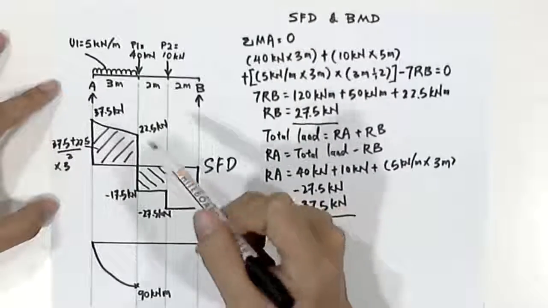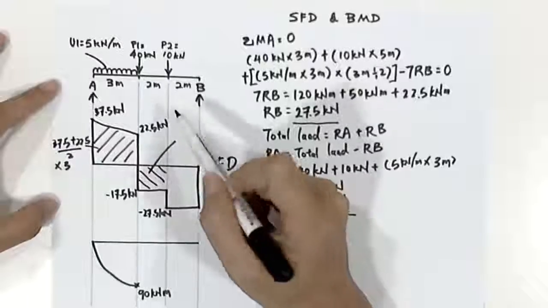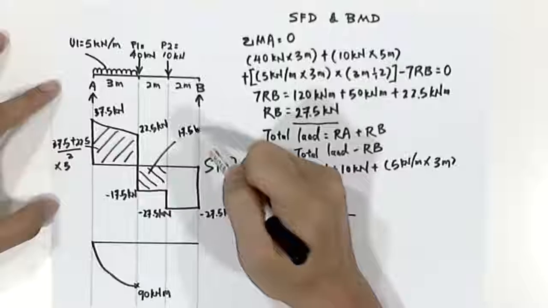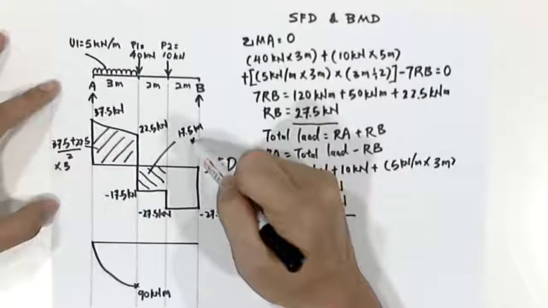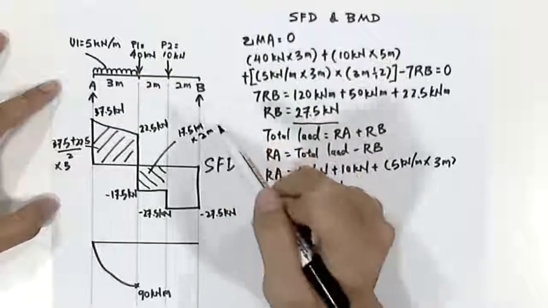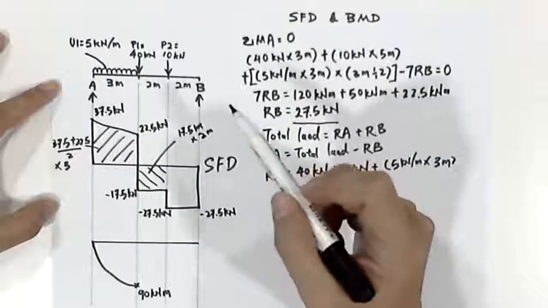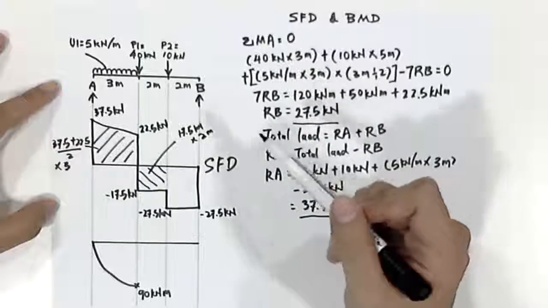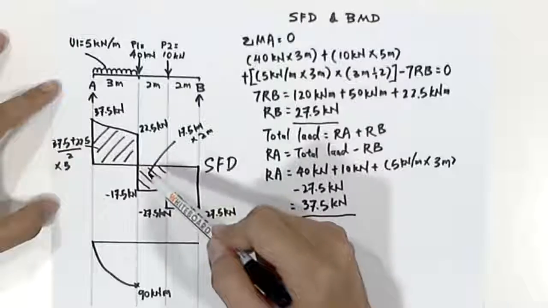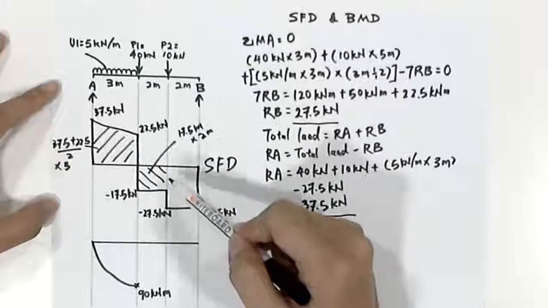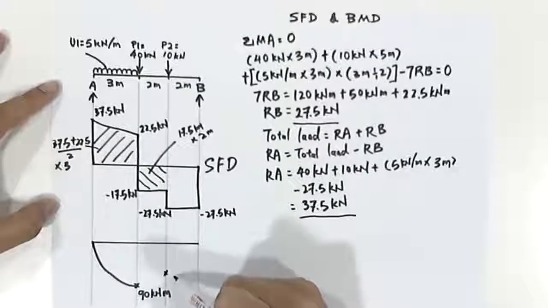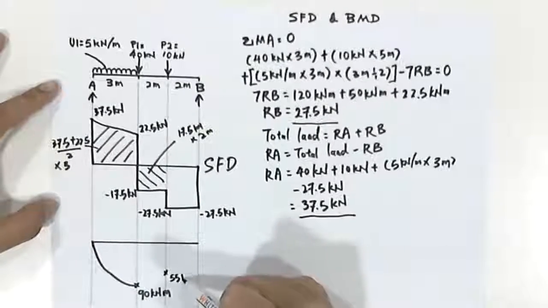We calculate this area, which is 17.5 kilonewton times 2 meter. So the total area deducted by the new area will get a value of 55 kilonewton meter.